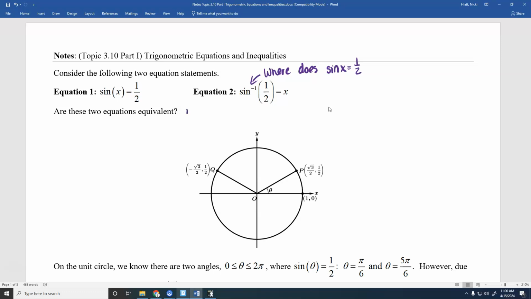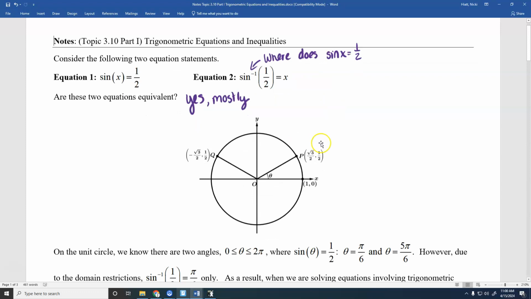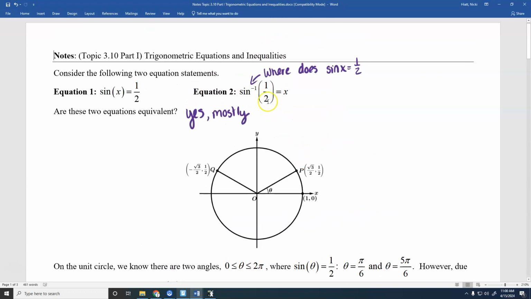So these are equivalent to each other, mostly. The difference is that inverse sine is going to be restricted to a domain, whereas our original equation may or may not be, depending on how the question is worded.